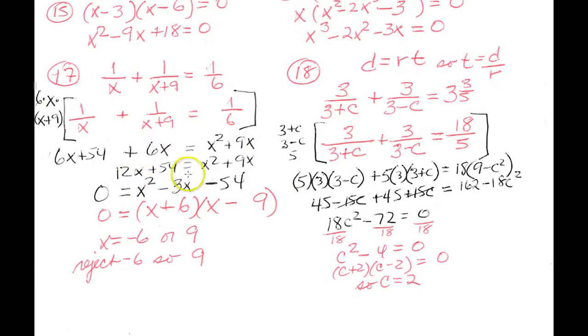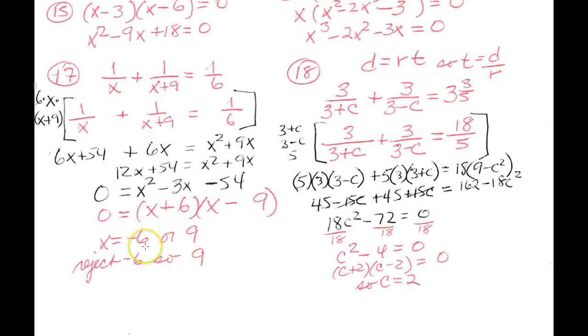So we have a quadratic equation. How do we solve it? Well, we group like terms. 12x plus 54 equals this. I want to keep my x squared positive, so I move everything over to the other side. I get this. I factor it, because it factors nicely. I get x is a negative 6, or x is a 9.